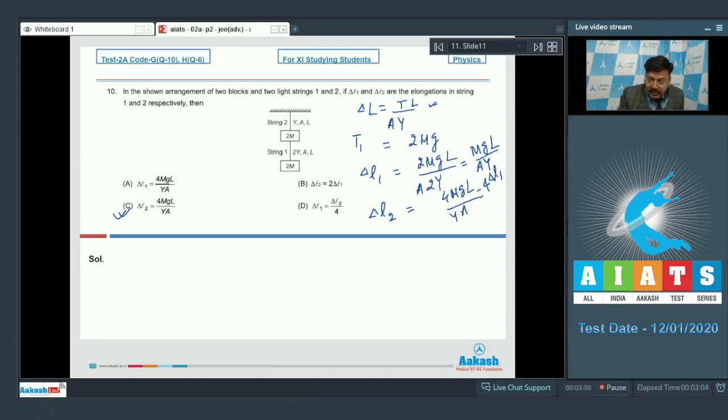So delta L1 is delta L2 by 4 is also correct. That means option D is also correct, and options A and B are incorrect. Let's go to the next question now.